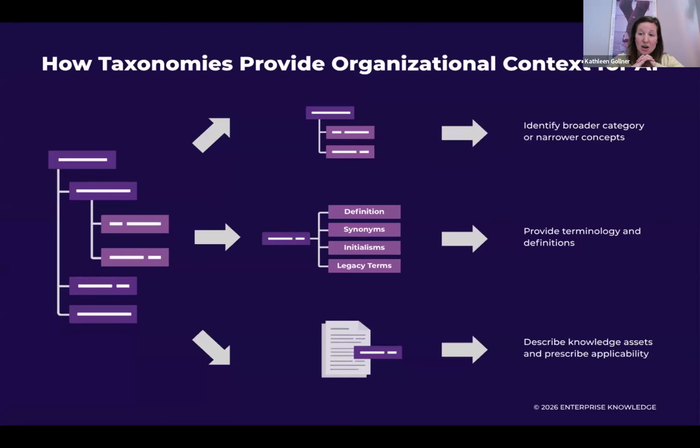And then typically those concepts end up getting applied to knowledge assets to identify what they are, when they can be used, who can use them, any sort of tagging, essentially, of content assets or other types of assets.